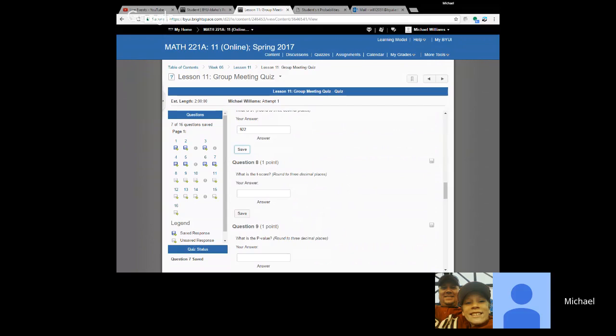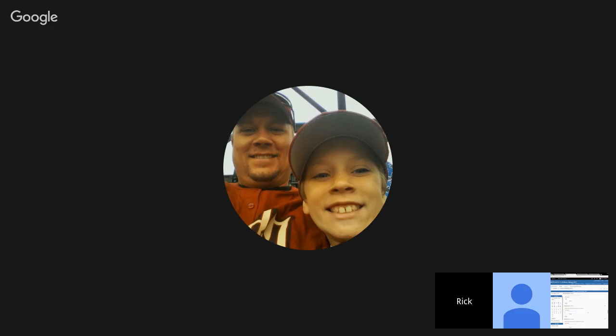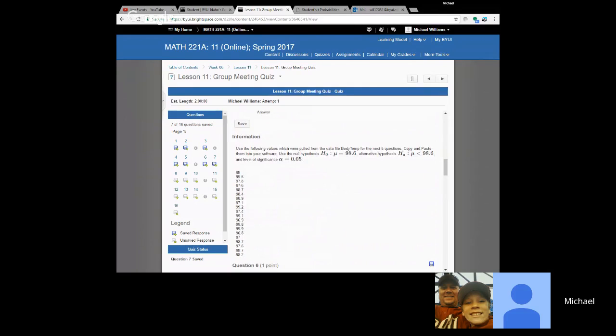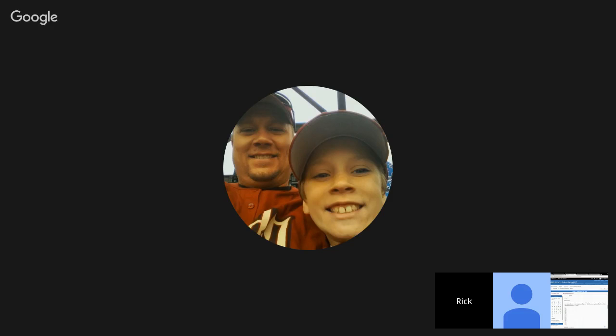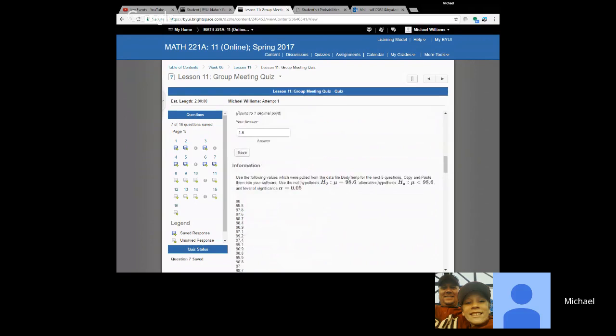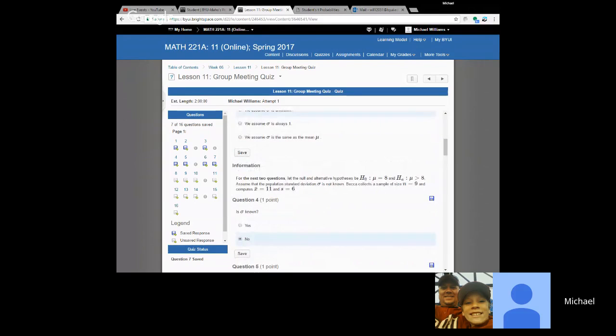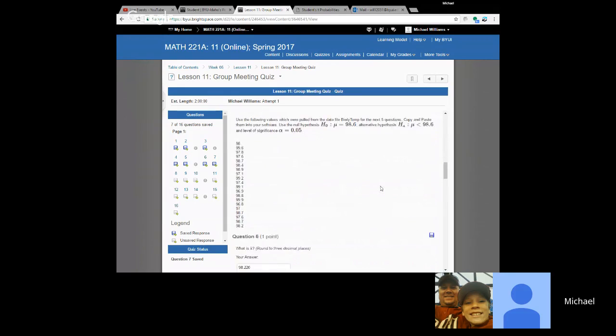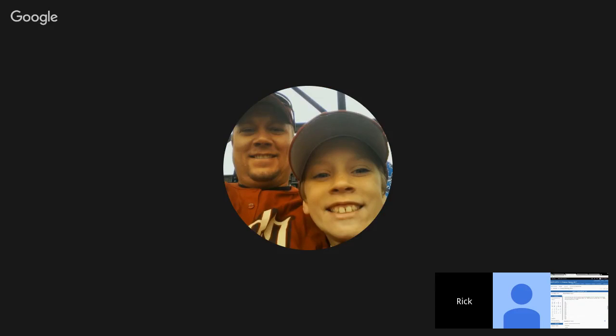And then the t-score. To get the t-score, you have to put in the other information too. You need to put in the null hypothesis and the confidence level, which the null hypothesis is the 98.6.